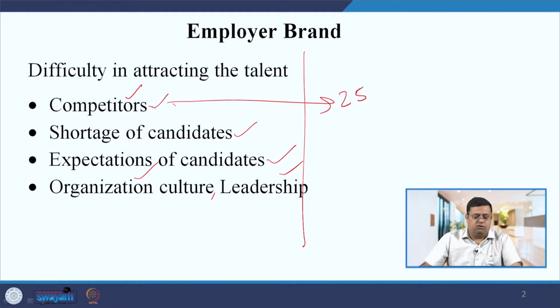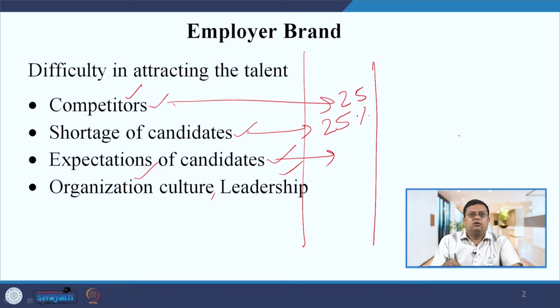Some believe it is because of a shortage of eligible candidates for the available positions. Third, some employees believe it is the expectation of candidates, organization culture, and leadership. Based on the percentage of your employees, you can decide what to do in order to develop a strong brand.